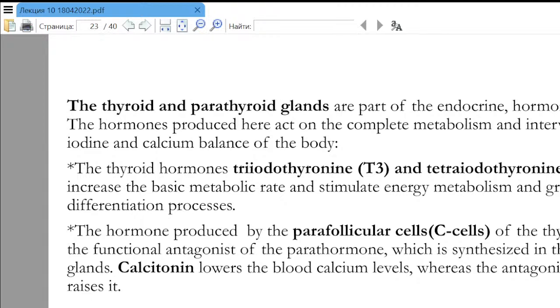The thyroid hormones T3 and thyroxine T4 increase the basic metabolic rate and stimulate energy metabolism and growth and differentiation processes.